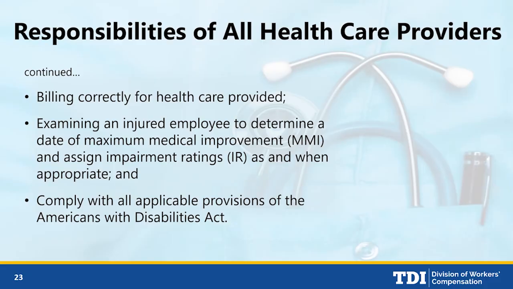But if there is an impairment rating, that's going to be a percentage that reflects the permanent impairment of the whole body that resulted from that injury. Healthcare providers also need to comply with federal regulations like the Americans with Disabilities Act to ensure that they're meeting legal requirements while providing the best possible care for our injured employees.